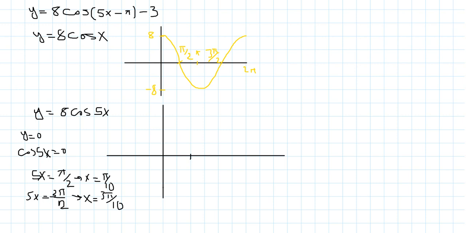I have these intersections at pi over 10 and 3 pi over 10, and I know my period is 2 pi over 5, so it will finish at 2 pi over 5.